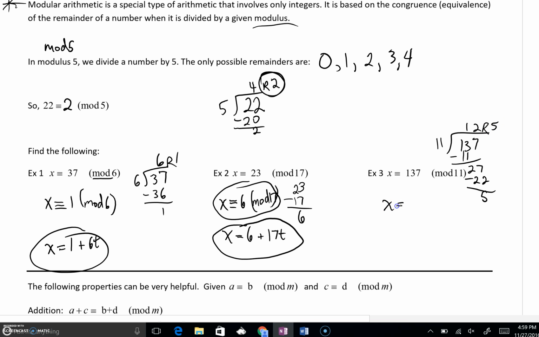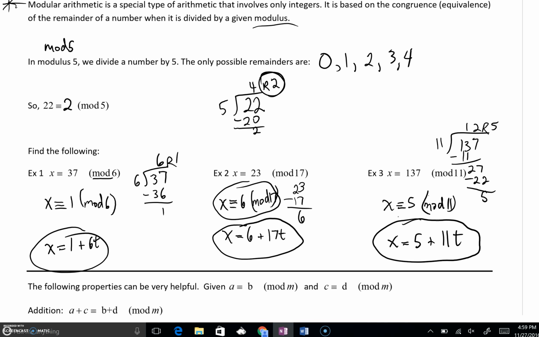This would be x is congruent to 5 mod 11. And how would we write this parametrically? Well, we'd say it's 5 plus 11t. The parametric answer is actually going to be used more frequently when we get to the actual Diophantine equations. So I think that's important for us to see.